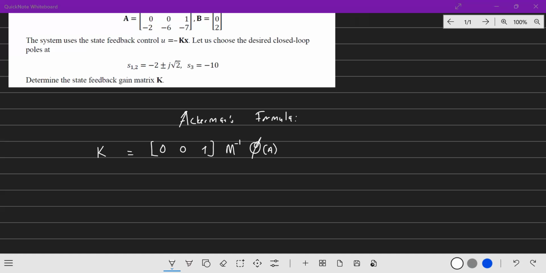Remember that for a 3 by 3 matrix, your M is simply equal to what? B, AB, and then A squared B, right? That's your M for a 3 by 3 matrix.